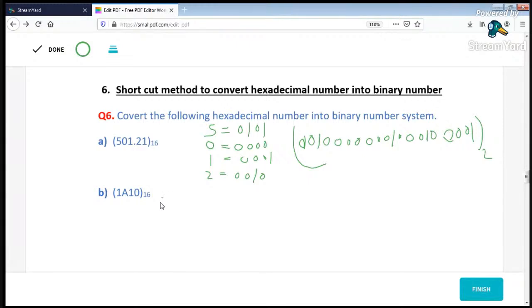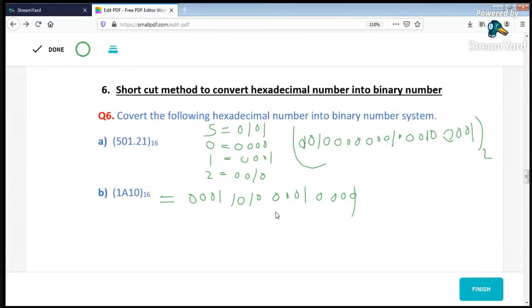Similarly here, for 1 in 4 bits, this will be 0001. A is known as 10 when A is written in hexa, and in decimal this value is 10, so for 10 in 4 bit binary, 1010. For this one, 0001, and for the last 0, 4 times 0.